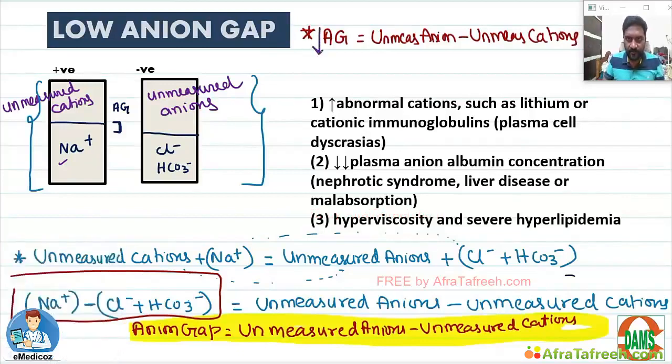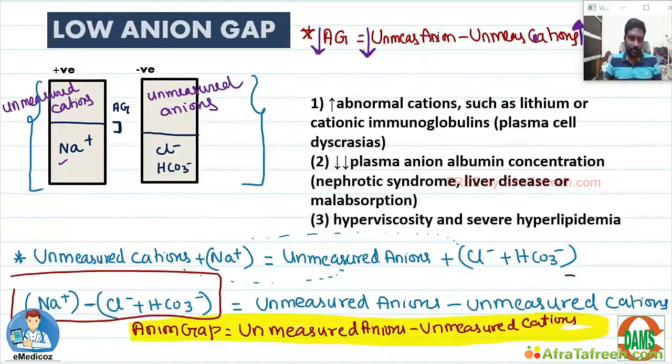Low anion gap, so when can this happen? Either unmeasured anions are decreasing, or unmeasured cations are increasing. So any of these. So very simple. If unmeasured anions decrease, anion gap decreases. If unmeasured cations increase, anion gap will again decrease. So let us see one by one.